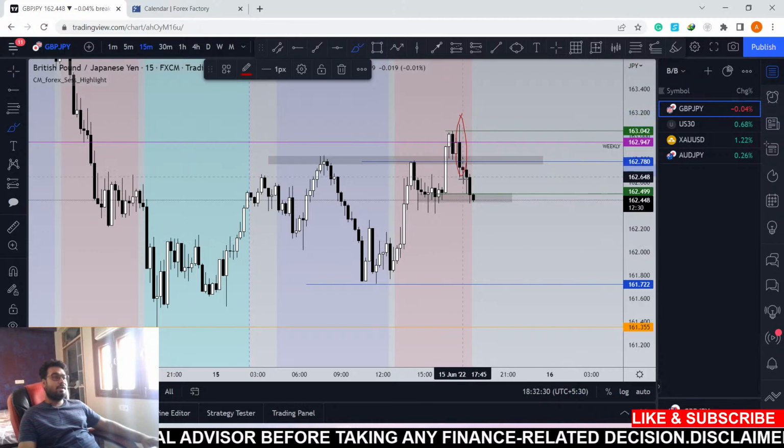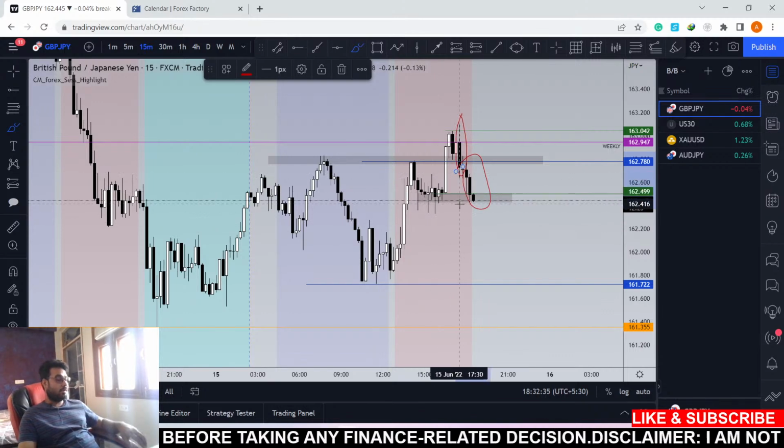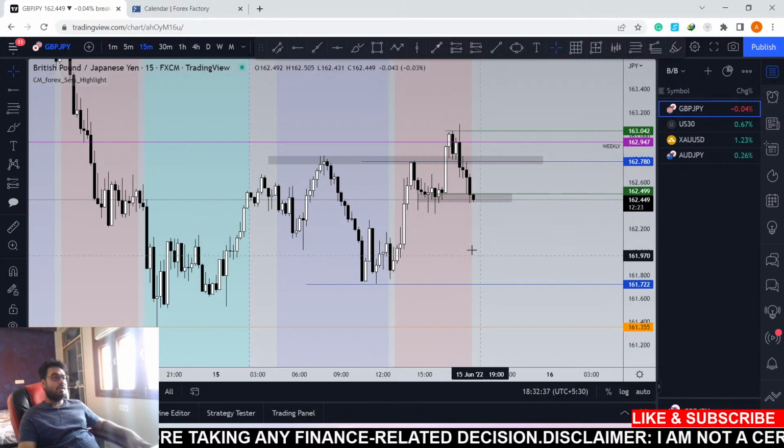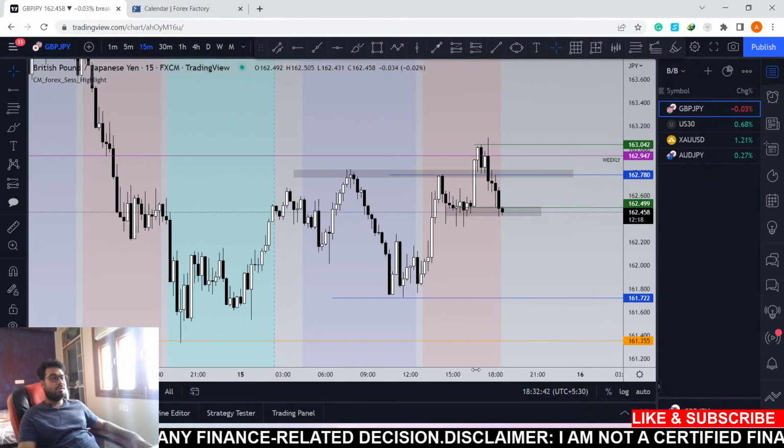After this candle, every candle was just an okay candle, not a good candle. It's not showing a clear, nice momentum to the downside.